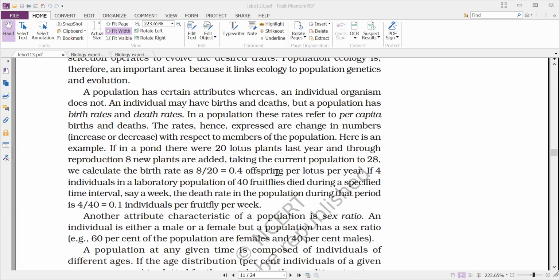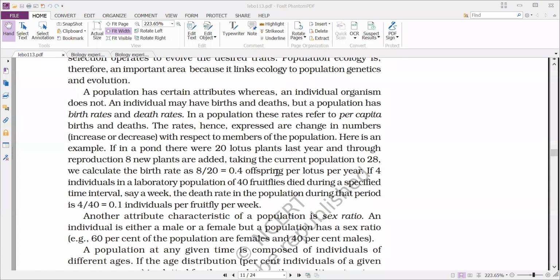But after independence, the population increased enormously, because of the reduced death rate and increased birth rate. So the rate of birth or death may increase or decrease with respect to members of the population, represented with the number of population present in that area.